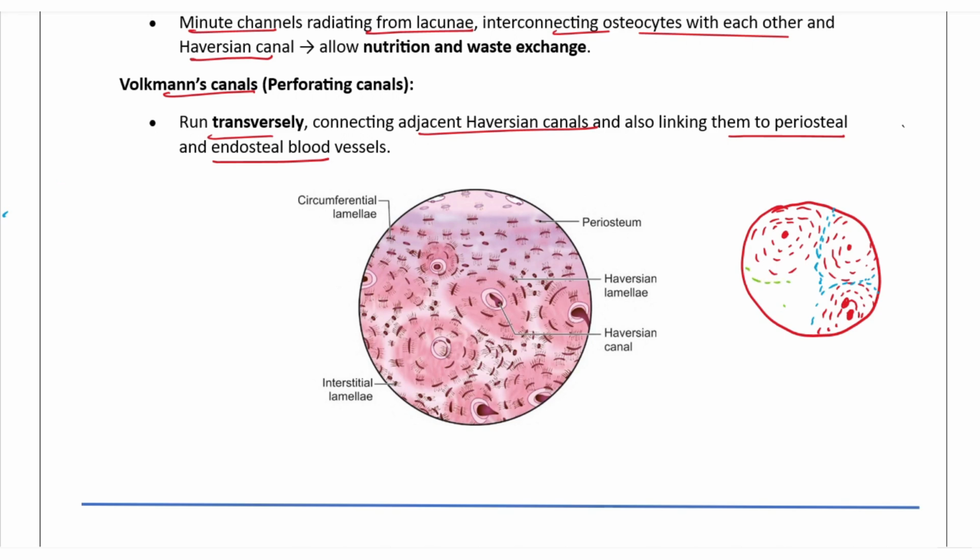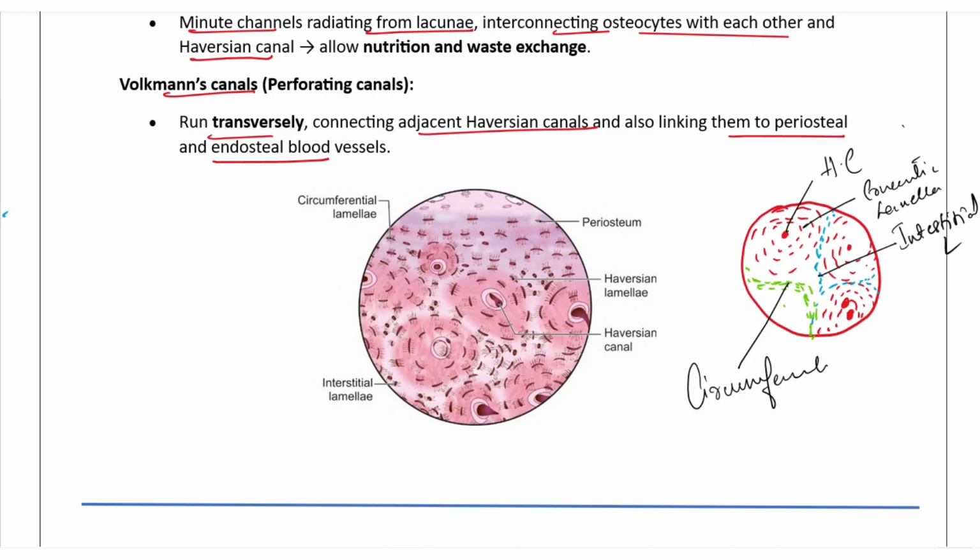Then you draw the circumferential lamellae. Okay, so this is your Haversian canal. These are your concentric lamellae. The blue ones are your interstitial lamellae. And the green one is your circumferential lamellae. So this covers your 5 marker on histology of compact bone.